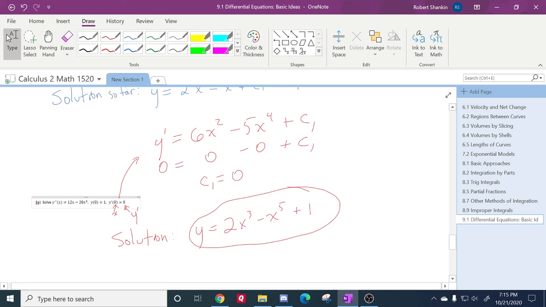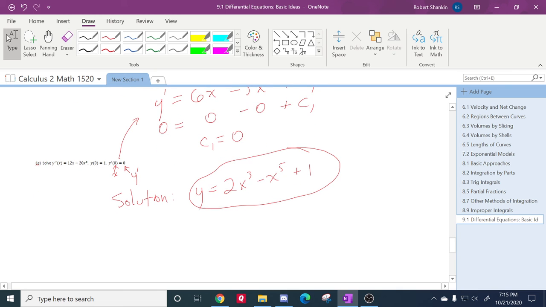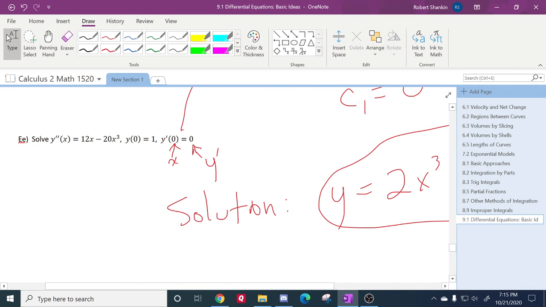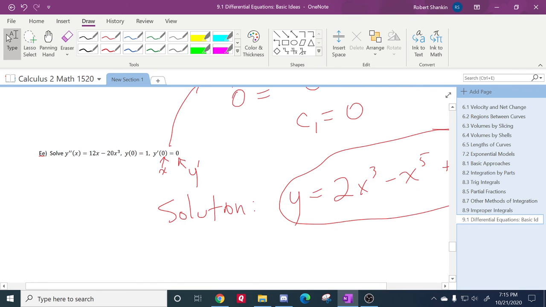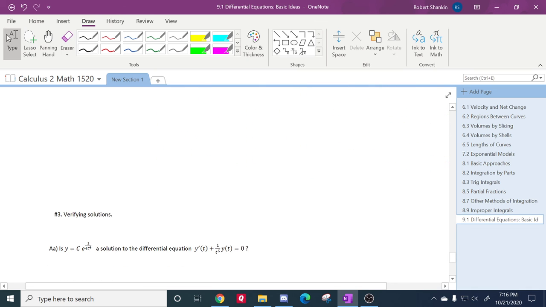All right. Now, the homework problems that you're going to be doing in 9.1, they're going to be the easy type, where it's just the independent variable over here. And so it's just trying to get you used to the idea that you're going to get 2 arbitrary constants, and then you're going to find those arbitrary constants one at a time.